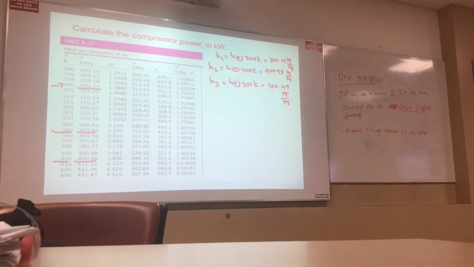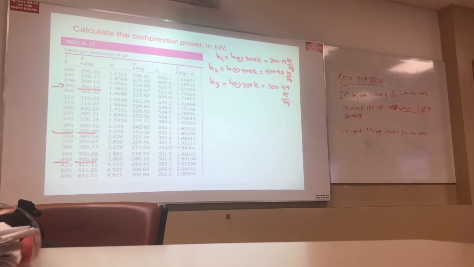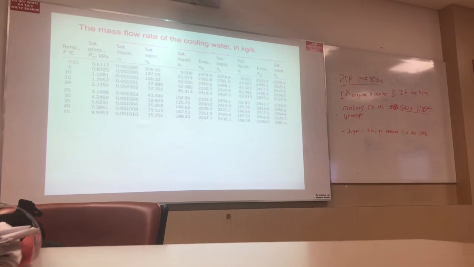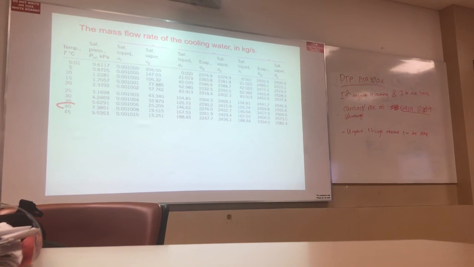Then what is H5? From the table I can get it, right? From another table, from the compressed liquid table. Then this is the table and this is HF.